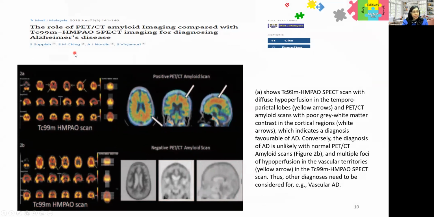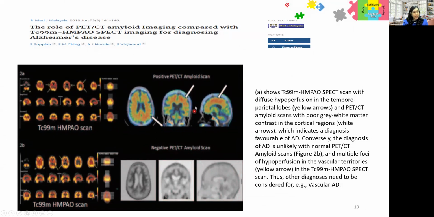A research that I did with my supervisor in the UK, Prof. Shoban Minjamuri, is on the role of PET-CT amyloid imaging compared with technetium-99 HMPAO SPECT imaging. The image here in panel A demonstrates technetium HMPAO SPECT CT scan with diffuse hypoperfusion in the temporoparietal lobes.